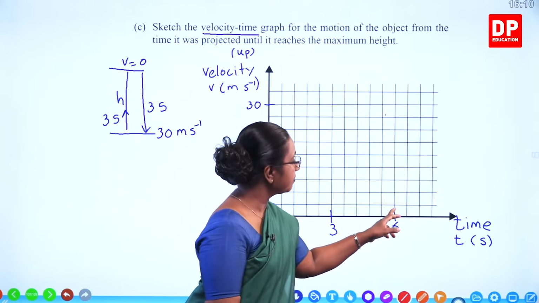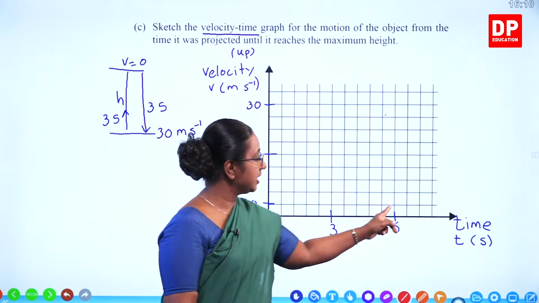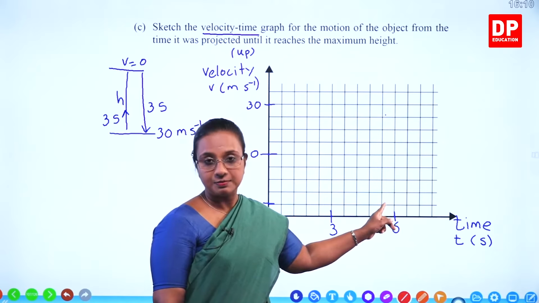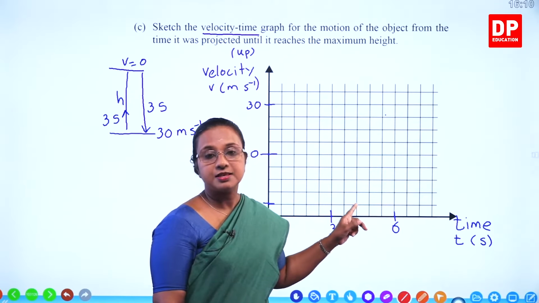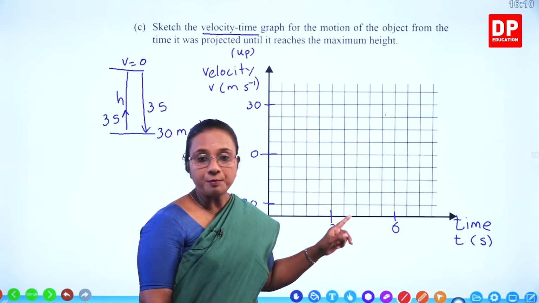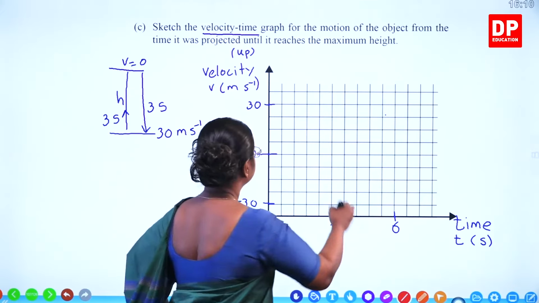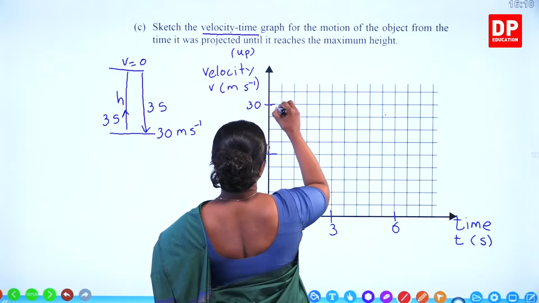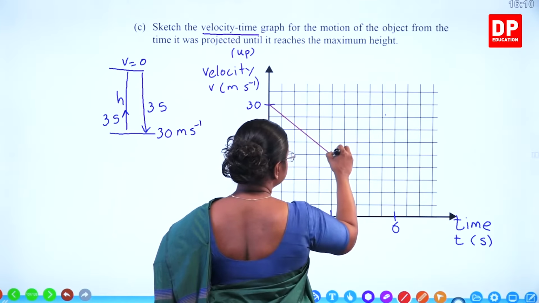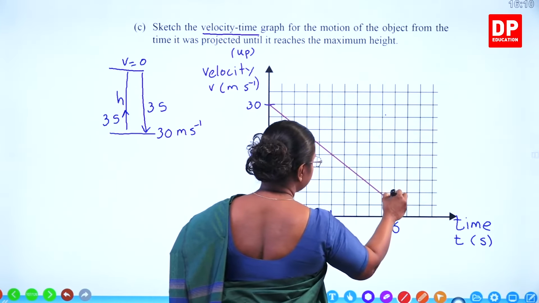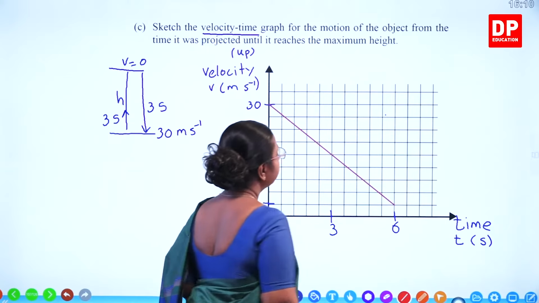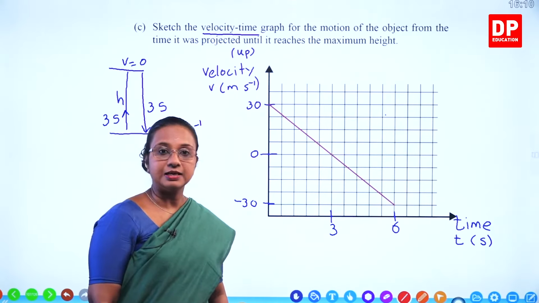So at the end of 6 seconds, the velocity minus 30 will be reached. That is because it is going to be in the opposite direction. So if we plot the graph, it is going to be like this.